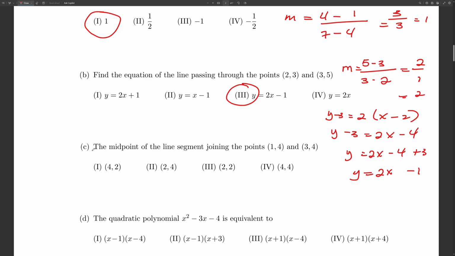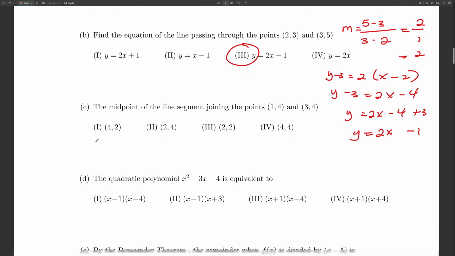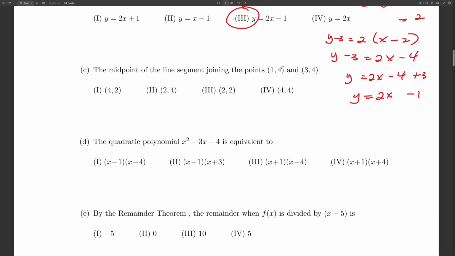Moving on to part C now, the midpoint of the line segment joining the points 1, 4 and 3, 4. So now I need to use my midpoint formula. If you remember from my notes, I'm just going to plug in my coordinates immediately.